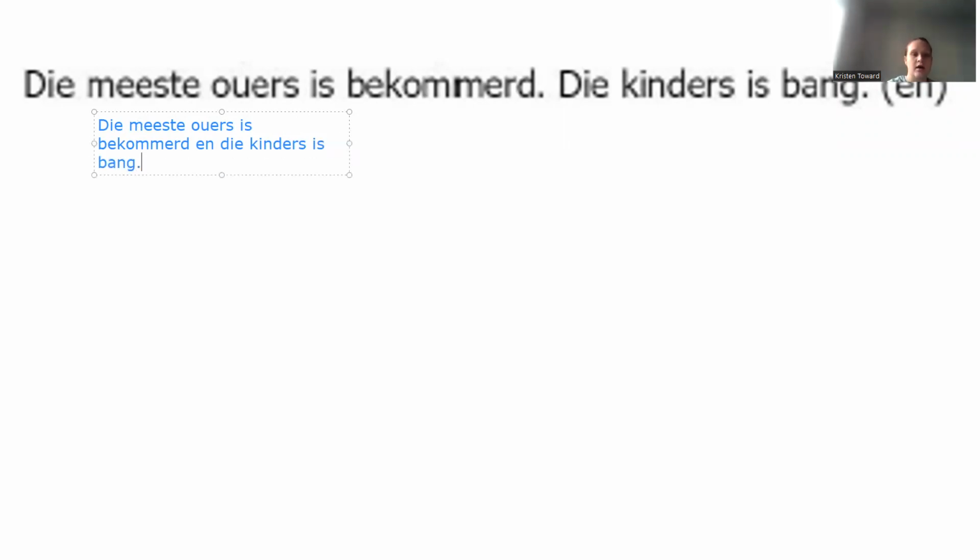So as you can see, I copied down my first sentence, I added my conjunction, and then because nothing changes, I left my second sentence as it was before. So now if we go on to our next question.